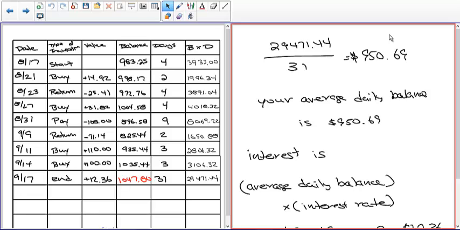Nowadays, they have ATMs, and most credit cards have agreements so that even if you don't have a credit card with that particular bank, you can use their ATM to get cash. So it's pretty convenient to do that.